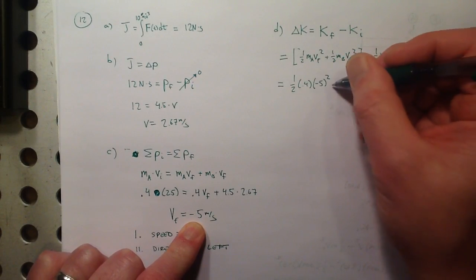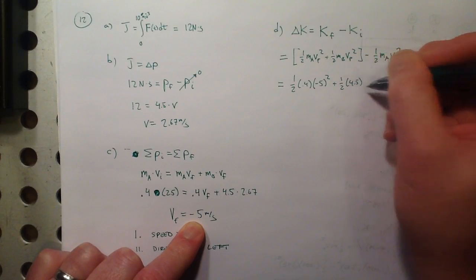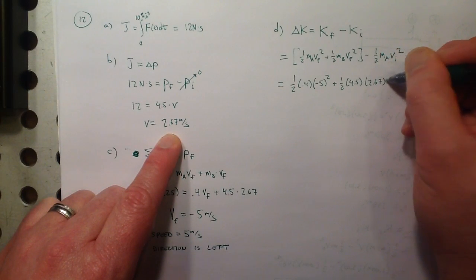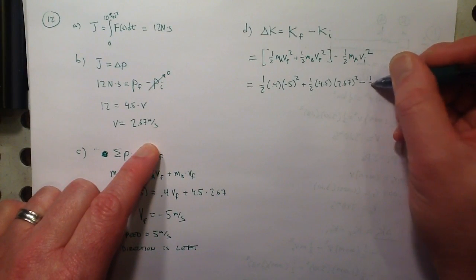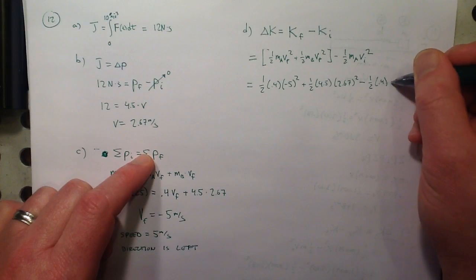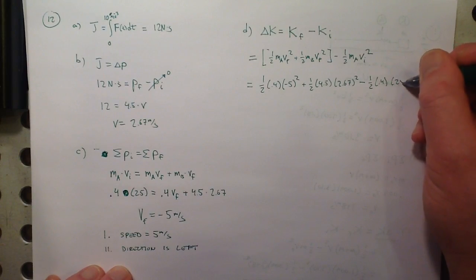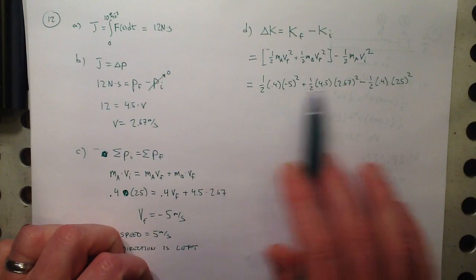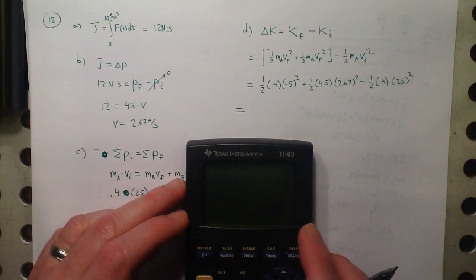Kinetic energy cannot be negative. 1/2 mass of block B times its final velocity, which we found up here, minus 1/2 mass of block A times the initial velocity of block A, which was 25 squared. And like the last problem, the 1/2s do not cancel out because we're actually calculating the energy here.